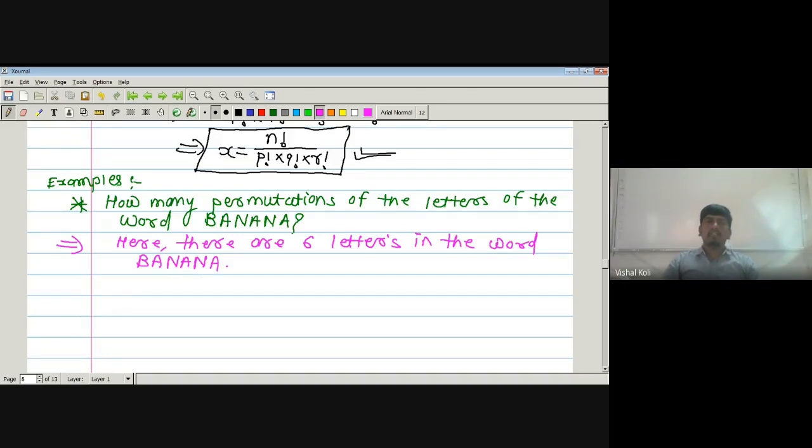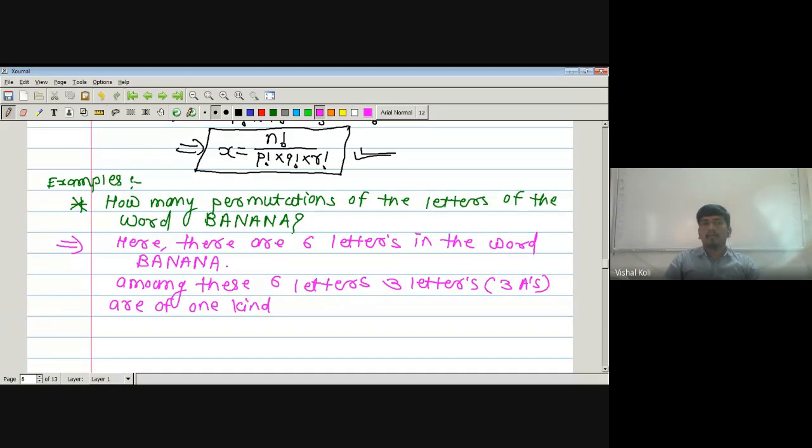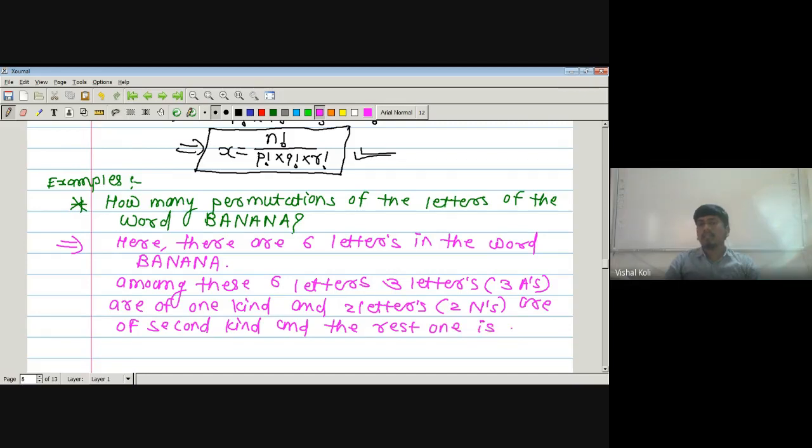Among these 6 letters, three A's are of one kind, two N's are of second kind, and the rest one is different, that is B. Now we have to use the above result.